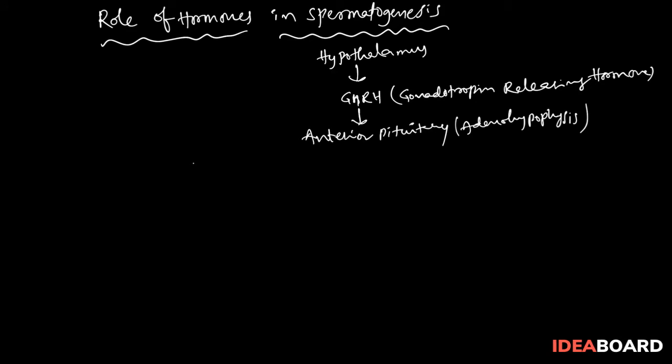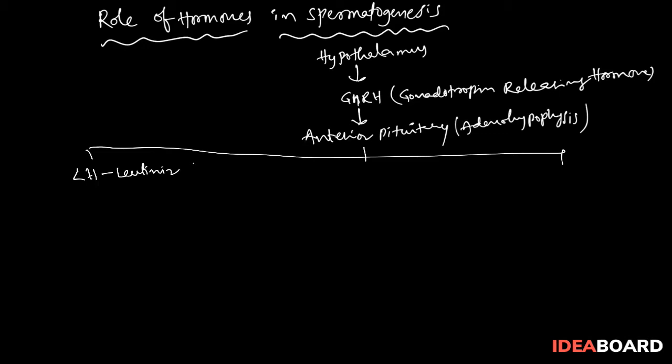After getting stimulation from the GnRH, this anterior pituitary or adenohypophysis will produce two hormones. In that, the first one is LH. It is also called luteinizing hormone.